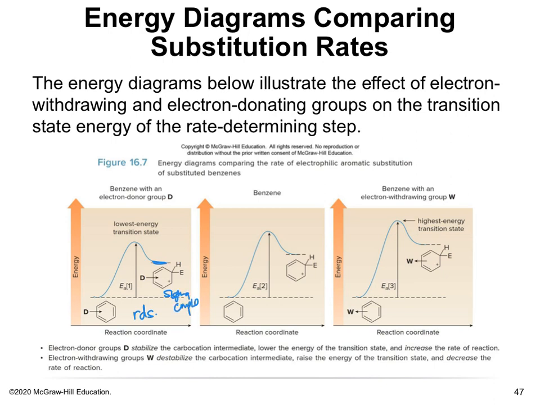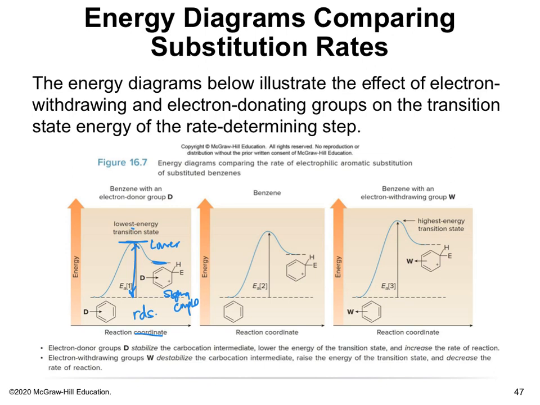If you have electron donating groups, you can see the transition state is going to be lower in height, smaller than benzene.